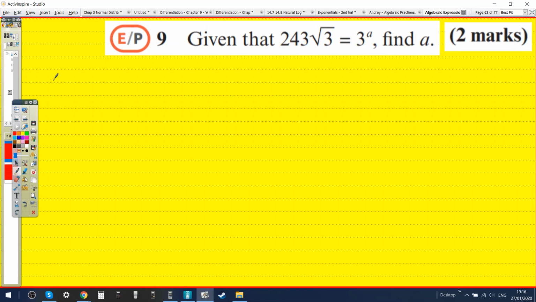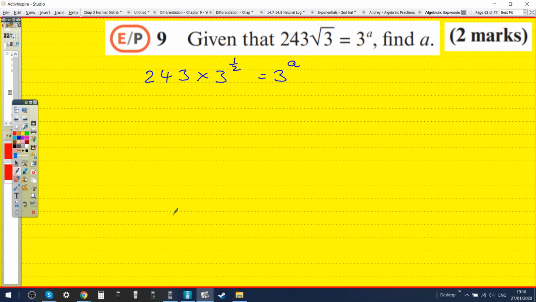I need to make 3. So is that going to be 243 times 3 to the half? First of all. And then I need to find what divides. 243, 81, 9.